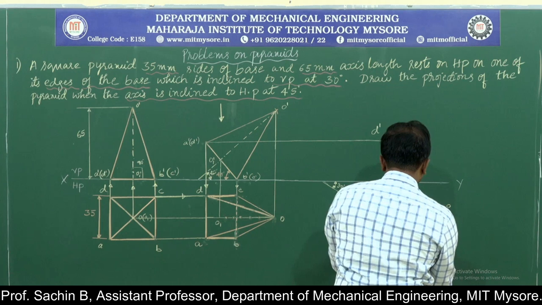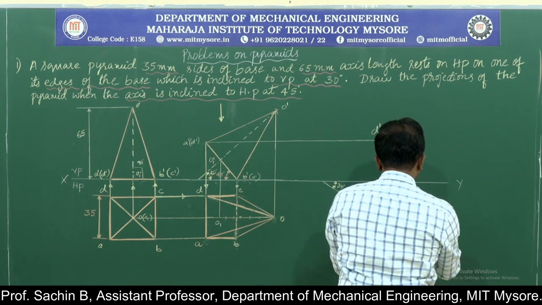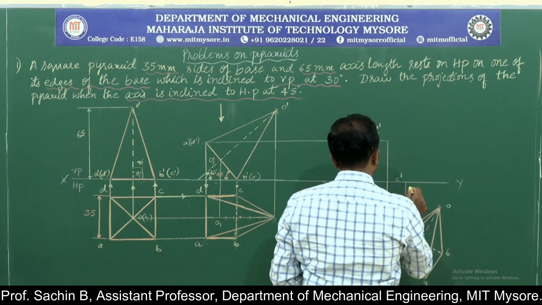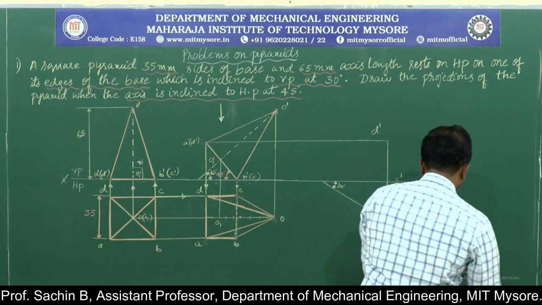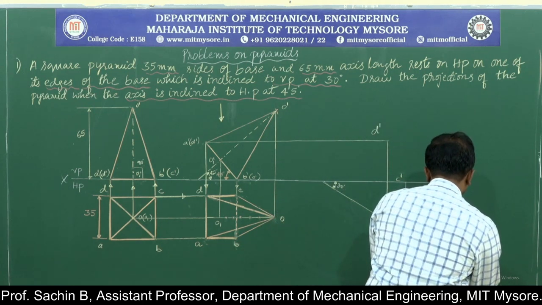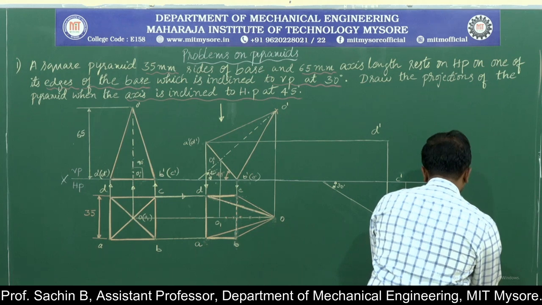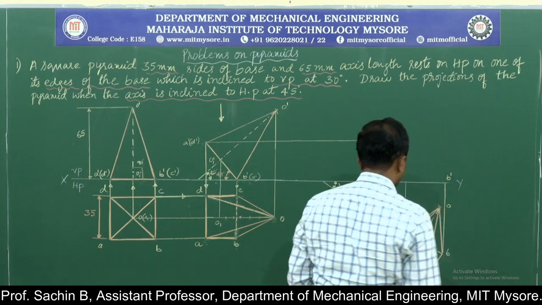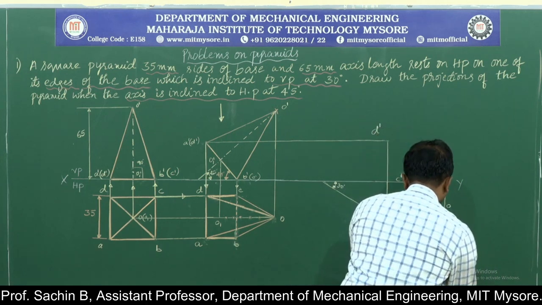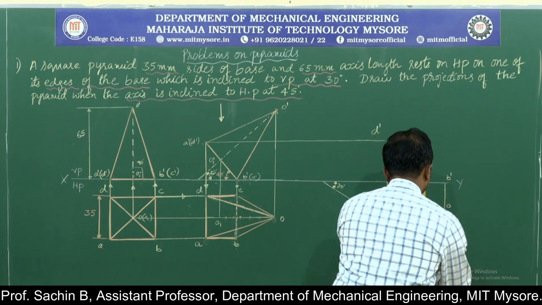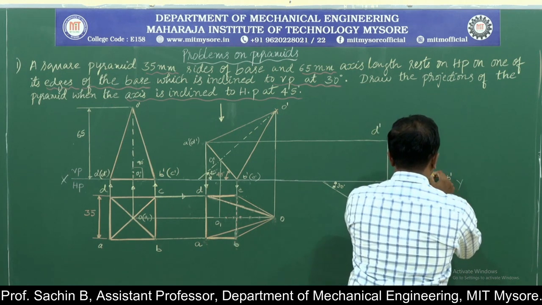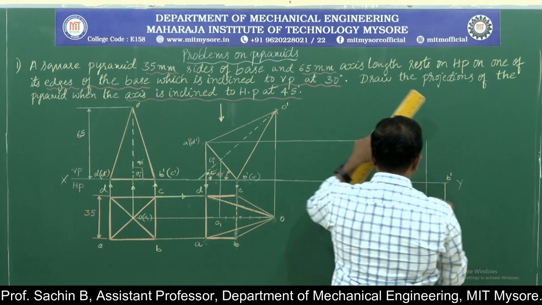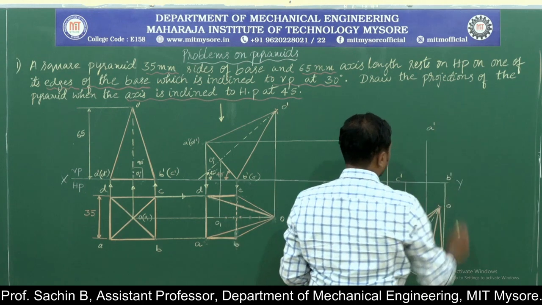Here C will be one of the points which will be resting on the edge. Next I will come to B point. Again B will be the resting point. I will go for B dash. Next I will come to A point. Okay, now this will be the A point.